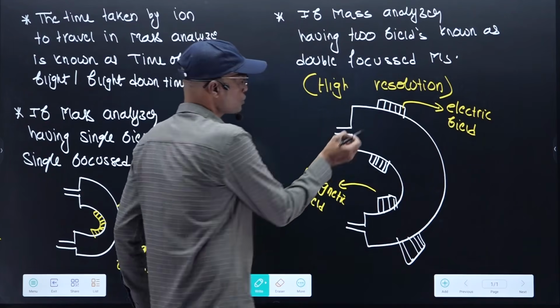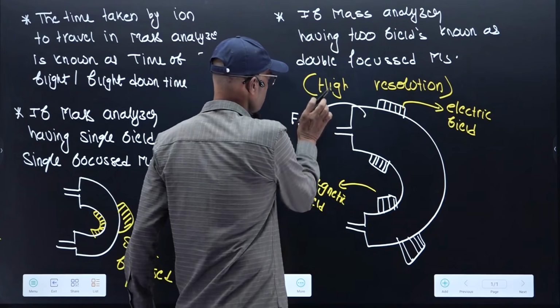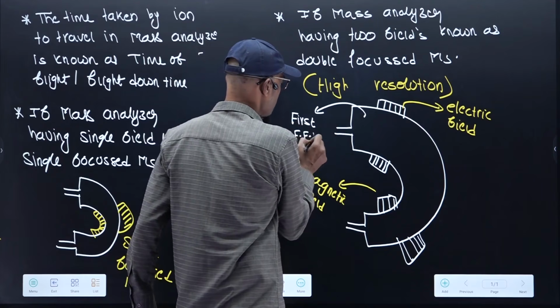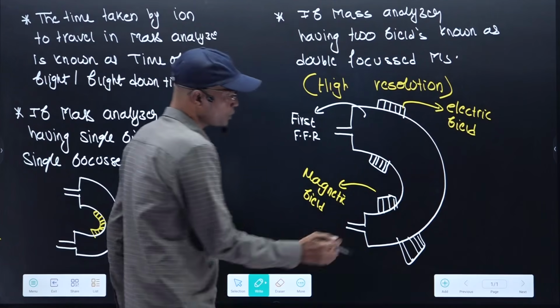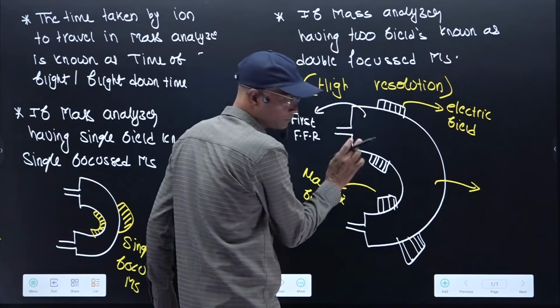This is called the first field free region. And what about this one in between them? Between the electric field and the magnetic field one gap is there.